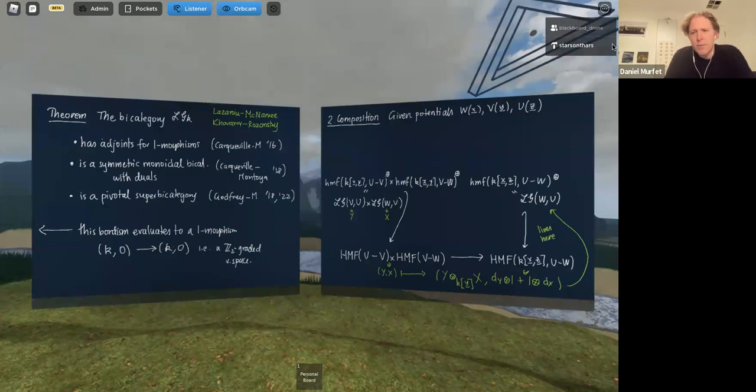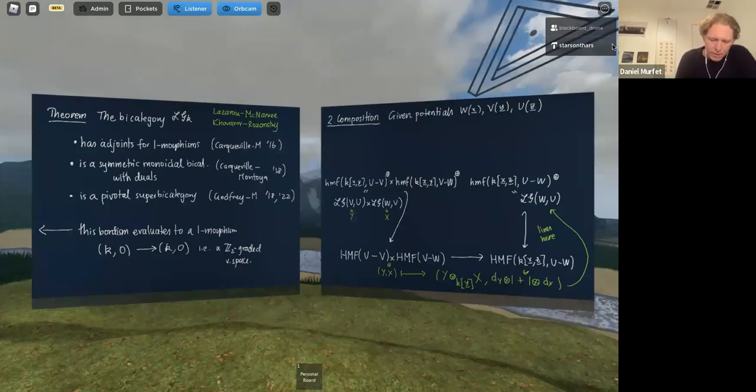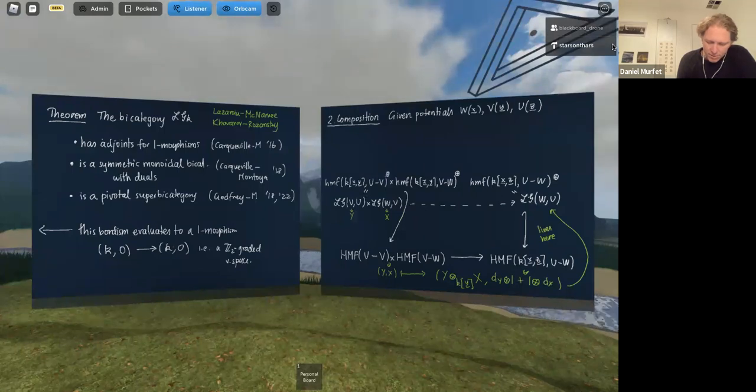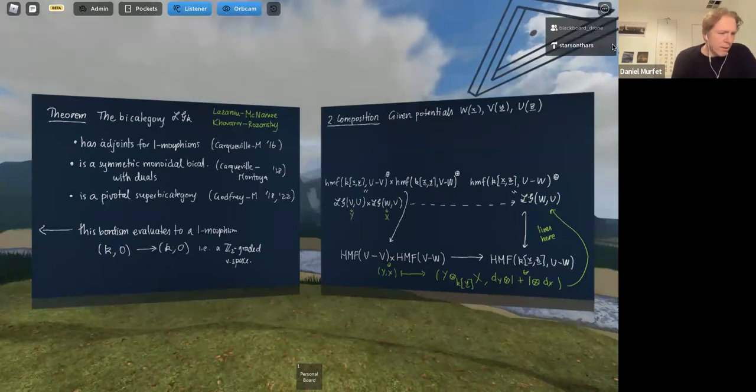That object, which is an infinite rank matrix factorization, is a summand of something finite rank. Okay, so that's how this composition is defined. You take a pair, you get this tensor product, and then you just observe that the image is actually in here. Okay, that's fine.